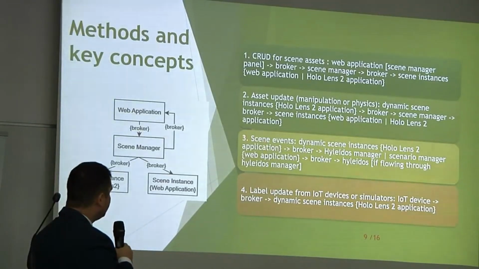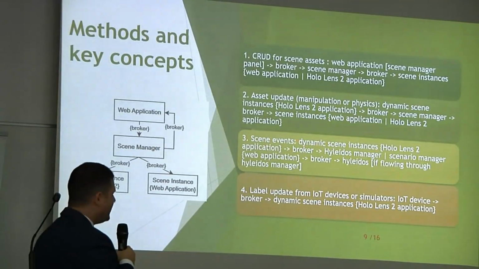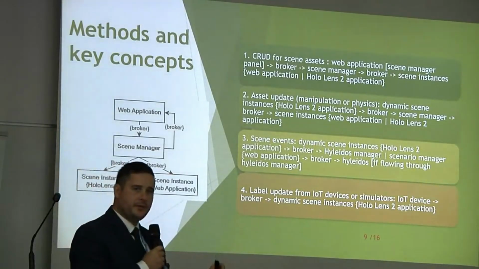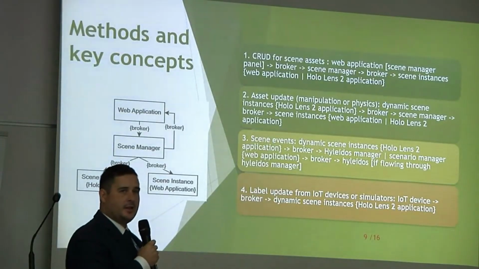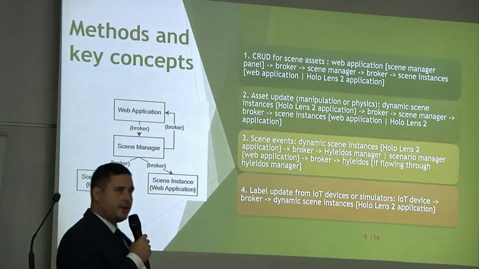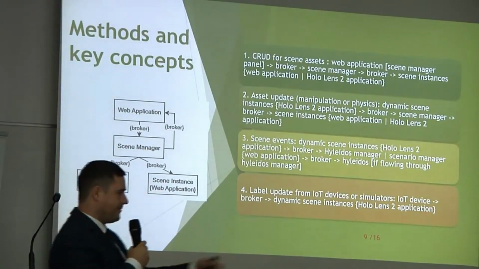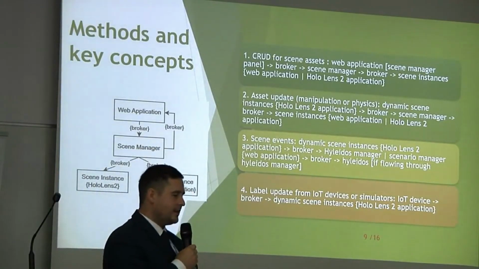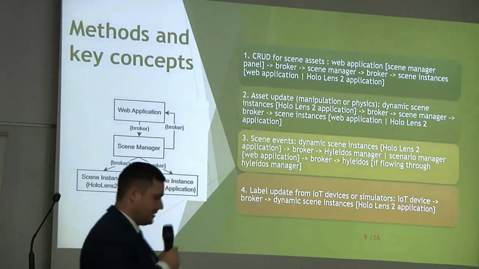The third path is for scene events. For example, when we click the button, move the slider, or other UI actions. As well, for other actions, for example, if some virtual objects go inside others, and there's a collision, and so on.